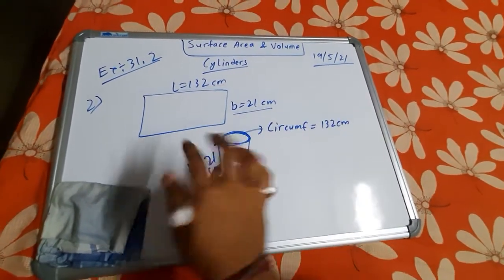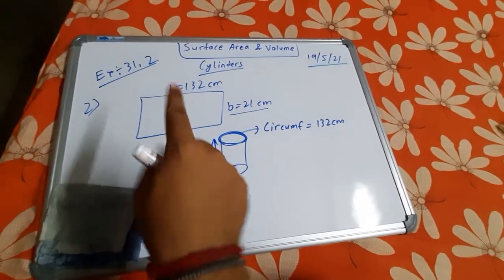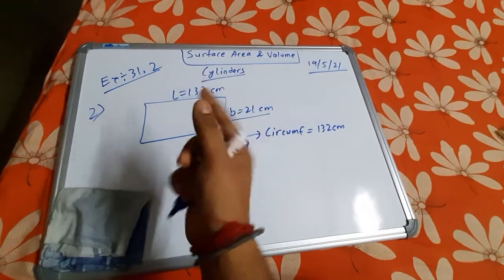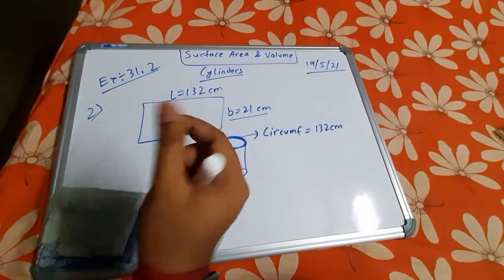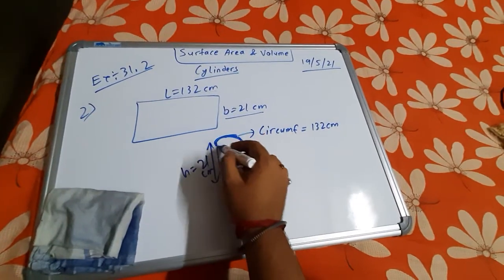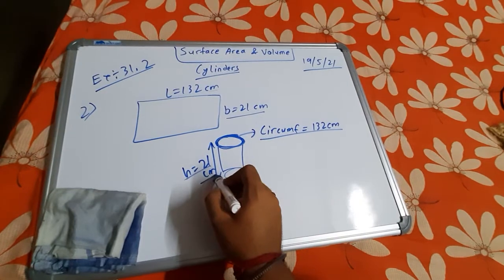See, this is the imagination. If we roll it like that, the length is being rolled, but the breadth is intact. So the circumference will become 132 centimeter and the height will become 21 centimeter.